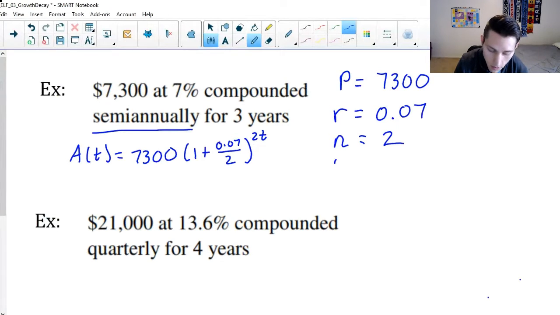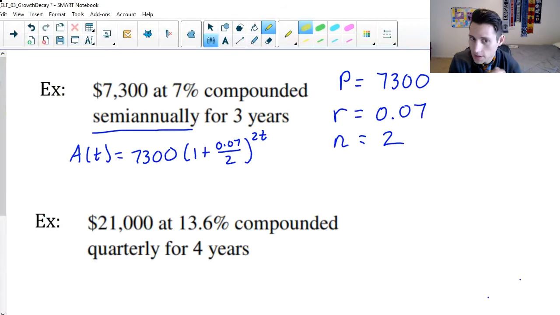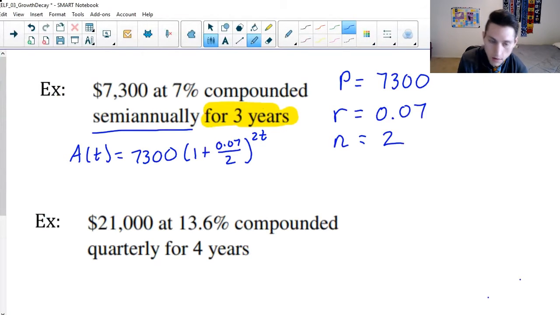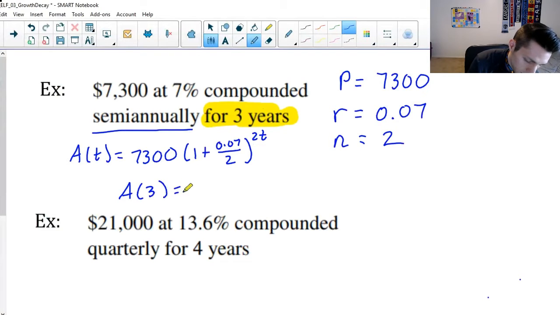Right, this would be the formula we would use to determine how much money do we have after any amount of time. But we don't just want to know the formula. We want to know how much will I have specifically after 3 years. Okay, so let's just take our formula and plug in 3.